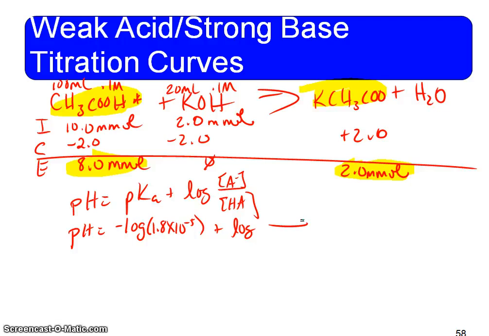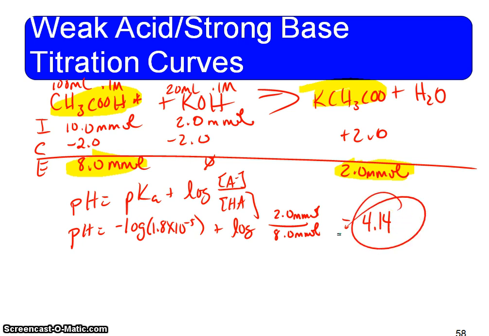Yes, because this is going to be 2 divided by 120 and this is going to be 8 divided by 120. It's not going to make any difference. So all I have to do is plug in 2 over 8. Take the log of that plus negative log of 1.8 times 10 to the negative fifth, and I think you get 4.14.